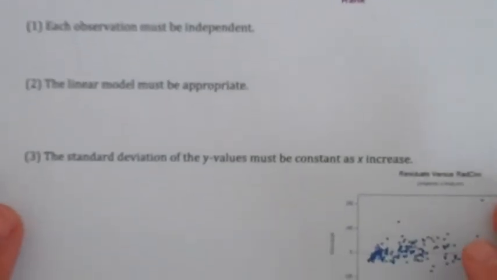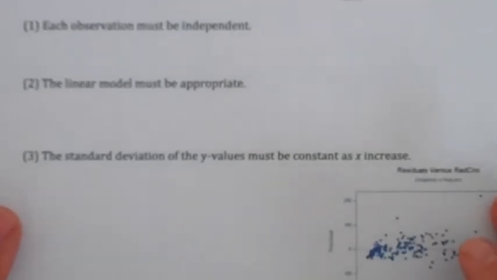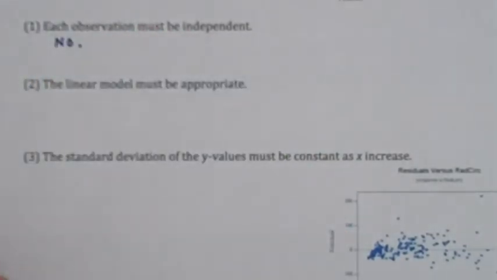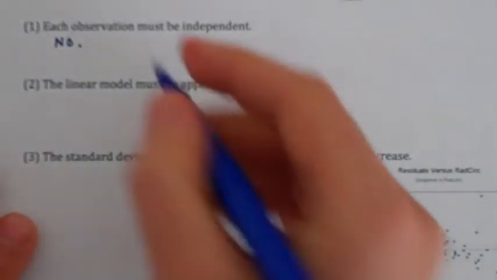The first condition is that each observation must be independent. And in the case of the analysis that we've just done, that's not true. The reason that's not true is that the rank of the number 2 school is affected by the rank of the number 1 school, and so on. These ranks are dependent on each other.